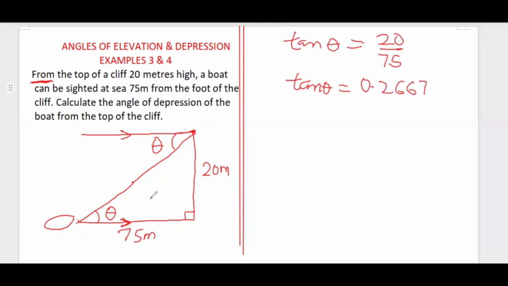0.2667. So from there, to make theta the subject, we introduce the inverse of tangent that will help us remove this tan away, and you introduce it to both sides. The inverse is called arctan. Arctan on this will remove this, and we have theta left, equals arctan, taking arctan on both sides.